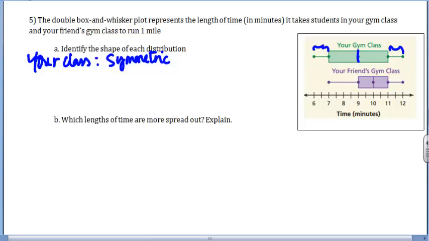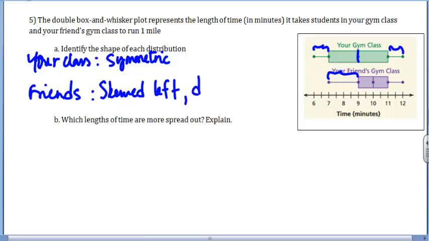Please write that in. And then in your friend's gym class, where is it skewed? Is it skewed? Yes, it is. The left whisker is longer, so it is skewed left. Most data is on the right. All right. Now they're asking which lengths of time are more spread out.